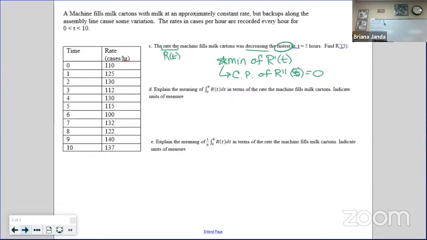Okay, explain the meaning, and this is kind of what I glanced over earlier. If we go from 0 to b of R of t dt, the meaning of this is we are finding the area under this. Go back to your labels, guys. Go back to your labels. R of t times dt, the change in time.